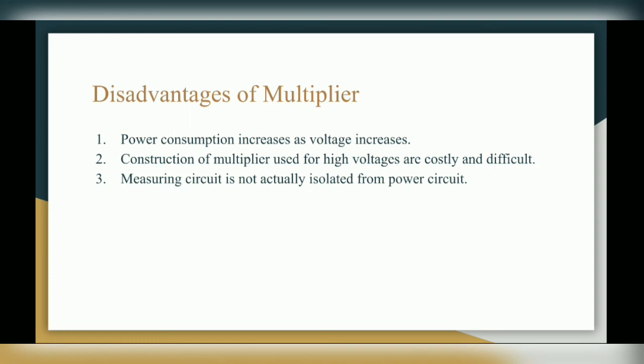This disadvantage applies to shunt as well as multiplier. Measuring circuit means the meter and power circuit means the supply. So they are not isolated in this multiplier.